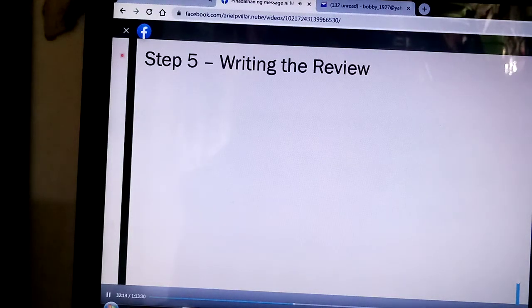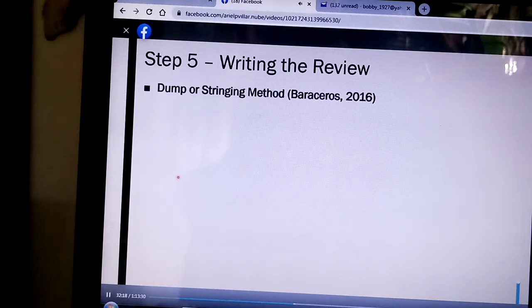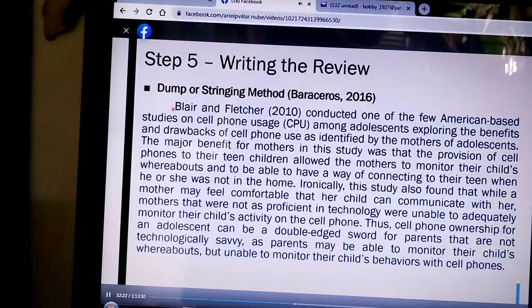Then, the next step already is writing the review. Susulat nyo na yung per paragraph. Ito yung pinaka-common po, ma'am and sir, pinaka-basic for beginning researchers, yung tinatawag nating dump and stringing method. Okay? The dump and stringing method basically is what? According to Baraceros, is one author or one source, then one paragraph.